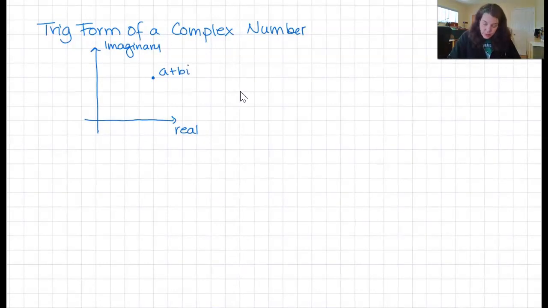Thinking about that triangle again that we can draw. The a and the b are really the x and the y coordinate if we think of it on a coordinate plane. And we know the x coordinate, in this case x is equal to a, but we also know that the x coordinate is r cosine theta, and the hypotenuse is going to be r.